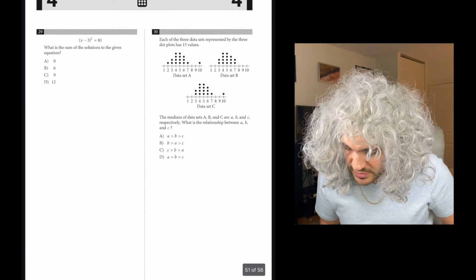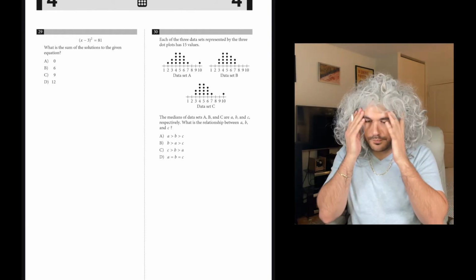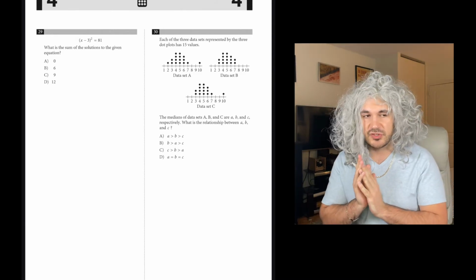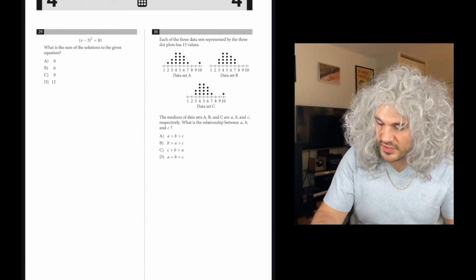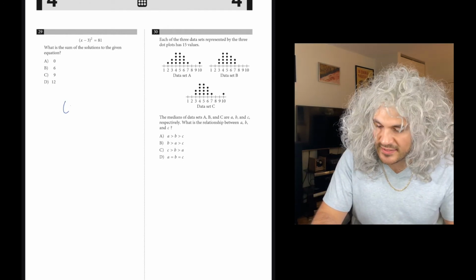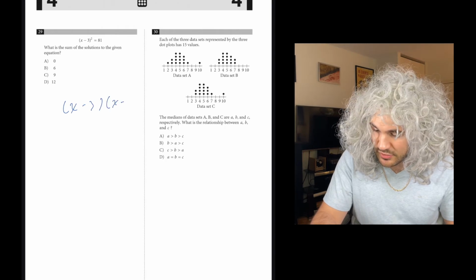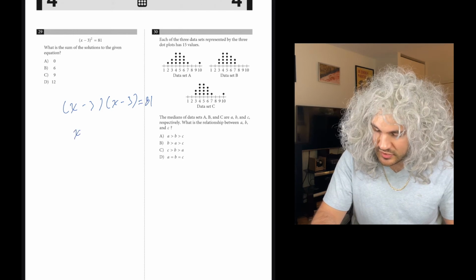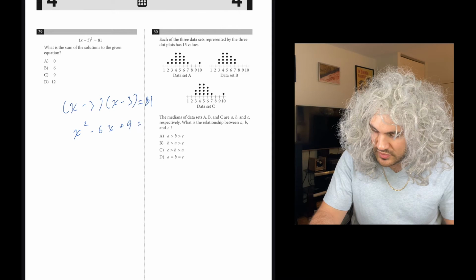Number 29, what is the sum of the solutions to the given equation? Okay, cool. We have to start by foiling this out. This equation is essentially the same thing as x minus 3 times x minus 3 equals 81. So this is x squared minus 6x plus 9 equals 81.